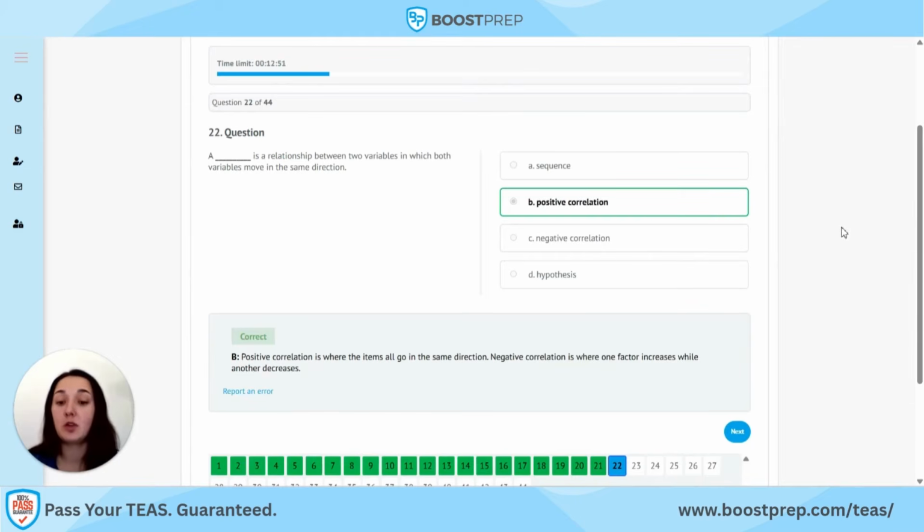The answer is B, positive correlation. So positive correlation is when the relationship goes in the same direction. Negative is when one factor increases while the other decreases. So positive correlation, both variables in the same direction.